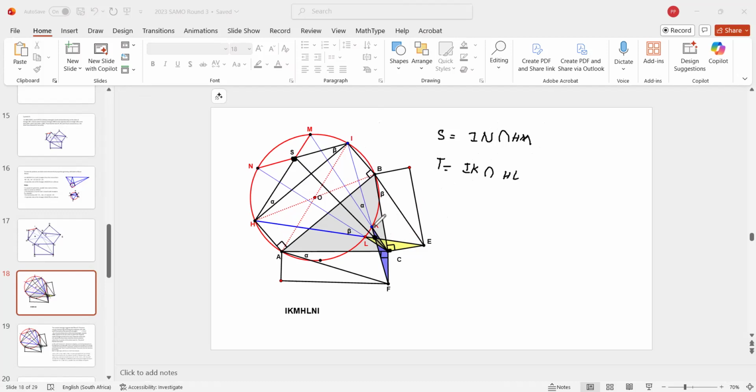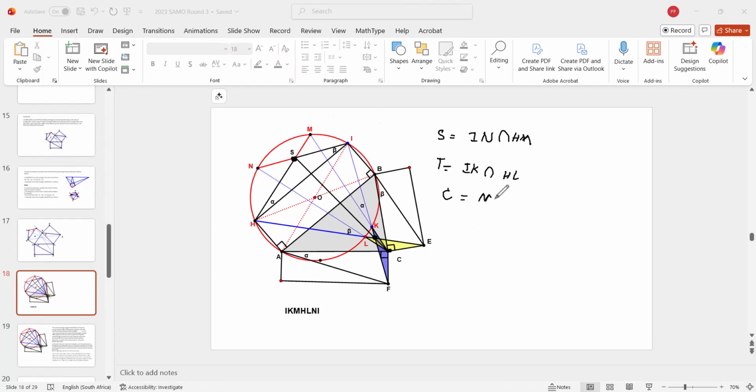So that's T, and we wanted to prove that ST and C are collinear. C, is it an intersection of any two sides of the hexagon? Yes, C is, we just proved that C lies on, K lies, MKC is a straight line.